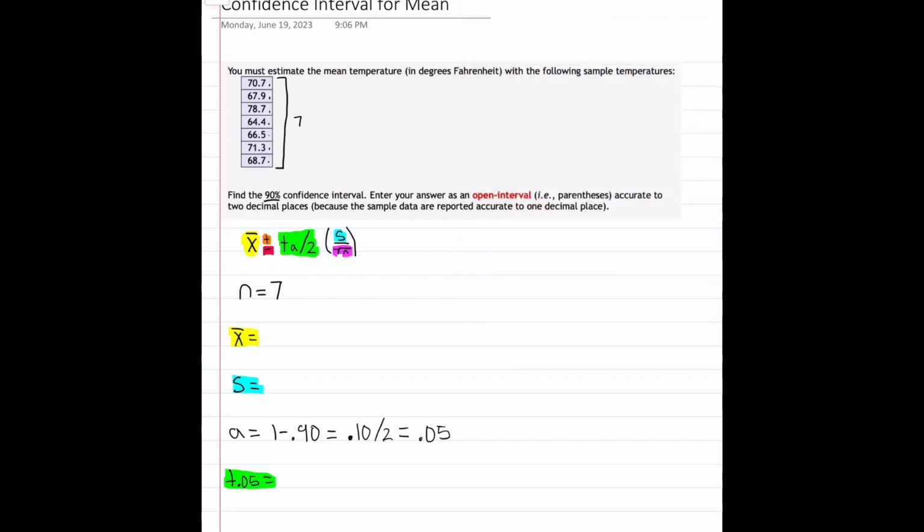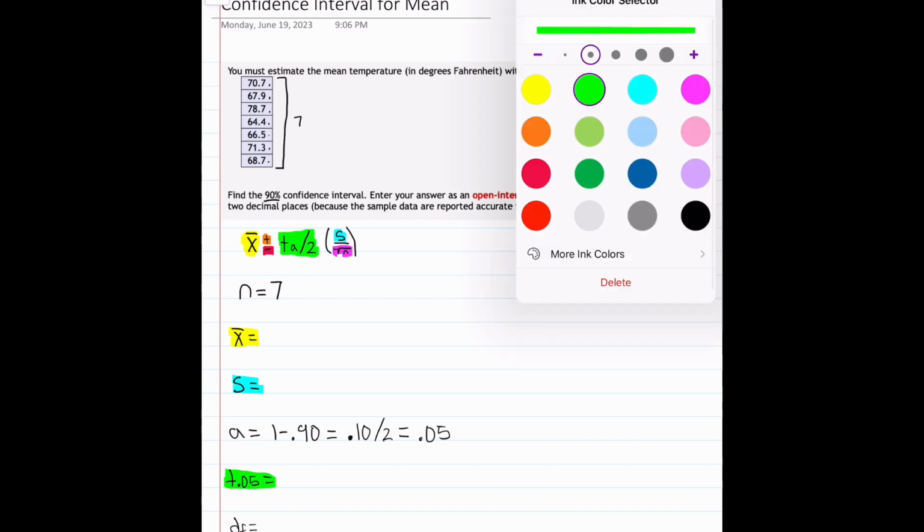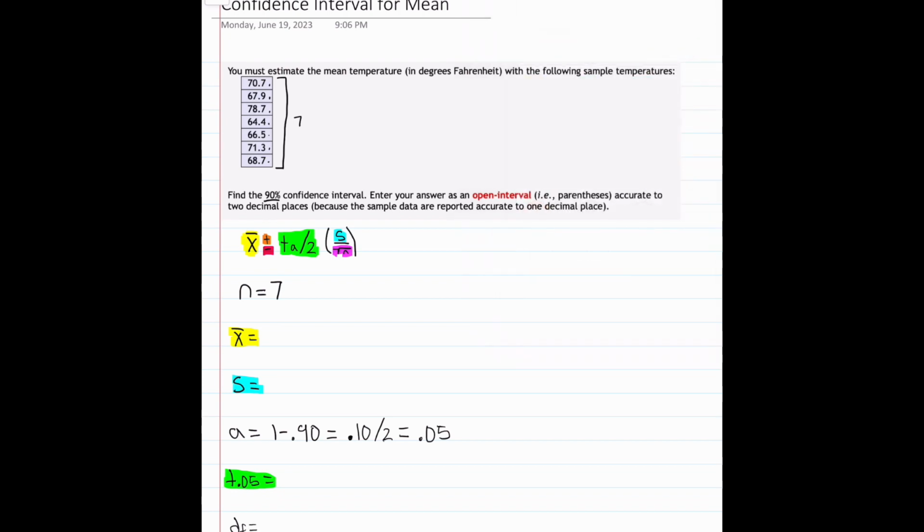And that is what we're going to use on our chart to find the number that we need. But to do that, we have to find our degrees of freedom, which in this case is n minus 1. So 7 minus 1 is going to give us 6.